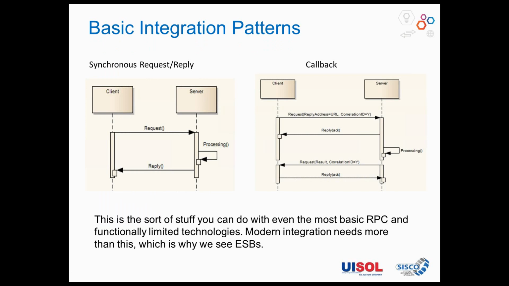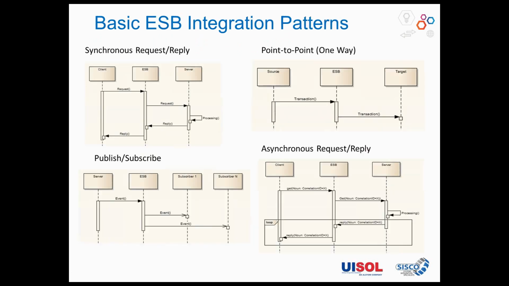There's no message bus of any kind. It's simply a transport between client and server using remote procedure calls. So no middleware. This is not a bad integration strategy, but it leaves some things to be desired. You certainly can't do publish subscribe with this. So we need to get past this one and get into the ones with the integration bus.